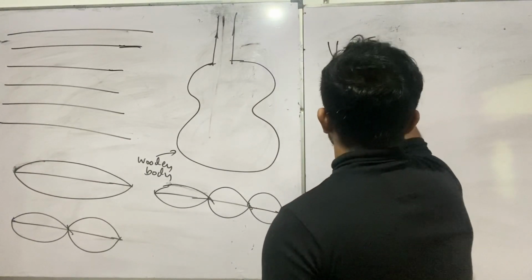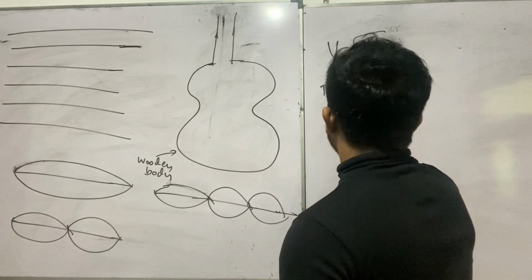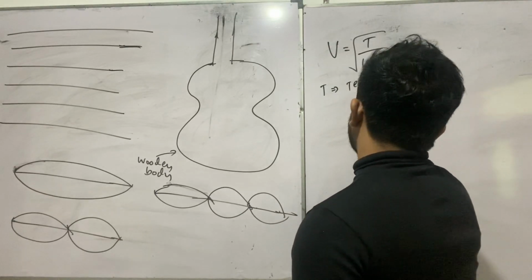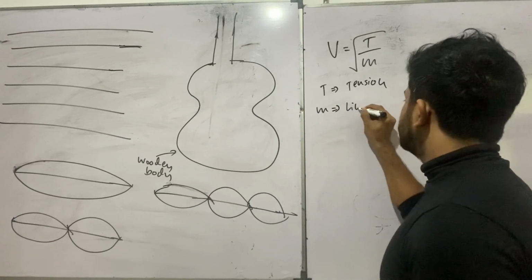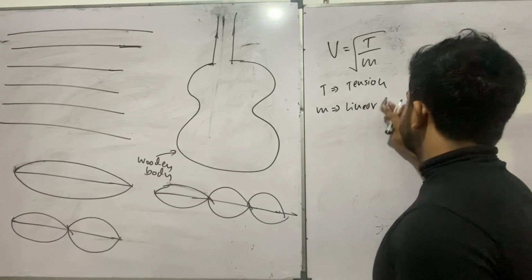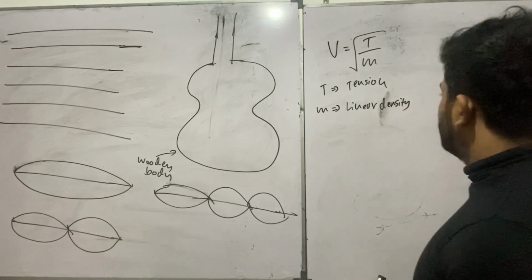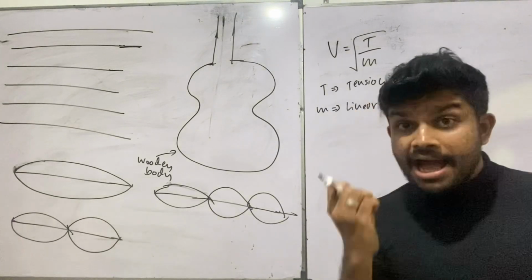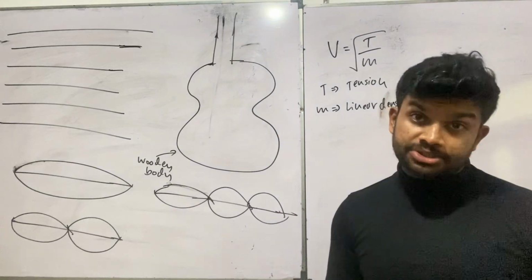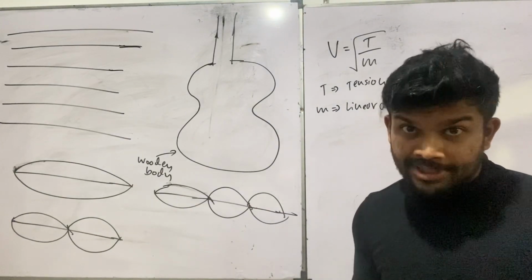The equation is simply v equals the square root of T over m. Here T stands for the tension of the string and m stands for the linear density. What is this linear density? If you're wondering, linear density is the mass per unit length of a string. The thicker the string, the higher the m, obviously.